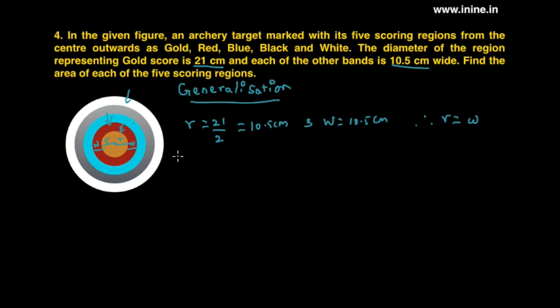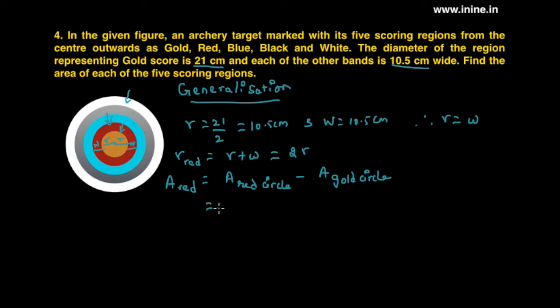Now radius of red region is equal to R plus W, which is equal to 2R. Now area of red region is equal to area of red circle, the complete red circle, minus area of the complete gold circle.